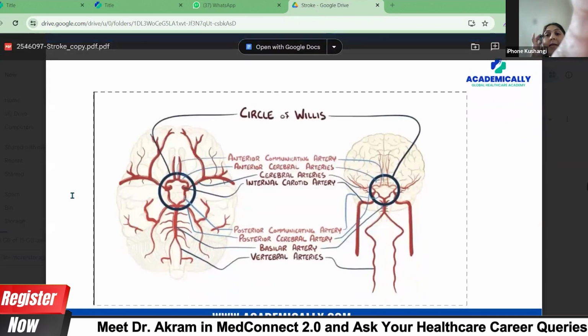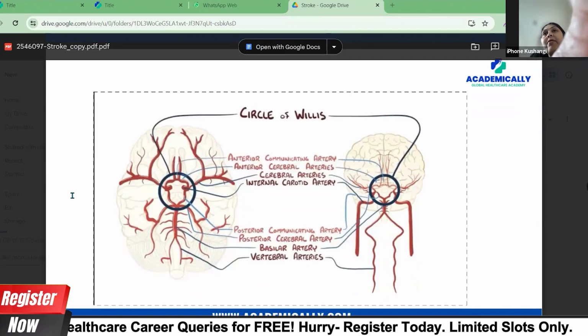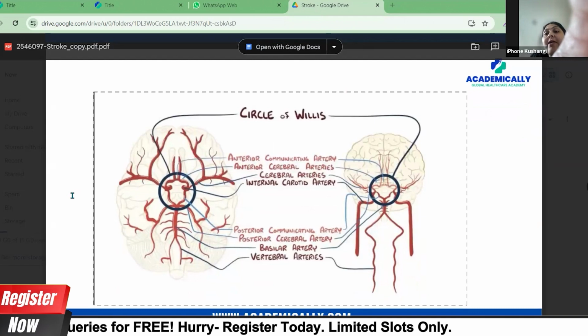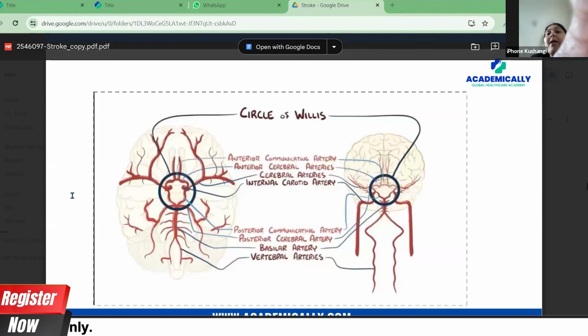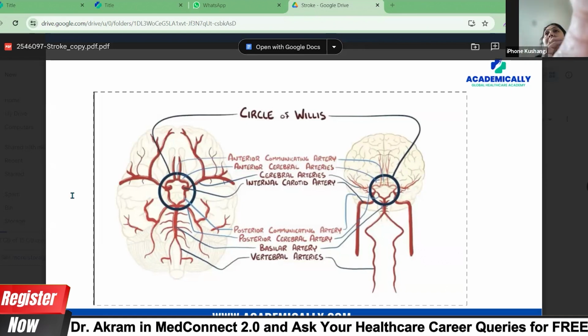Okay, so let us discuss in brief the circle of Willis. We have the vertebral arteries, which come from the subclavian arteries on both sides. These vertebral arteries join to form the basilar artery. The basilar artery branches out to the cerebellum and supplies it, and then it reaches the posterior part of the brain, where it gives out branches to the posterior part of the cerebrum known as the posterior cerebral artery.